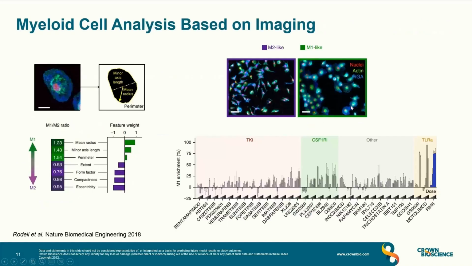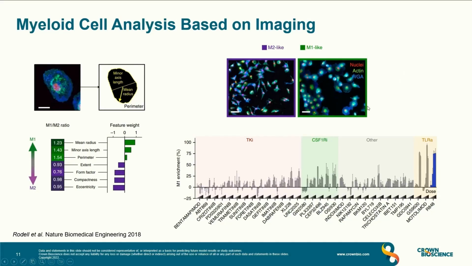This has already been used in the literature to differentiate between the M1- and M2-like states, purely based on imaging and morphological analysis, using things like the axis and the roundness. All these parameters can be used to model either one or the other.